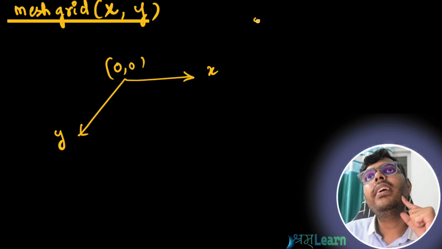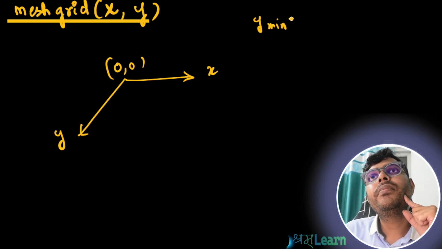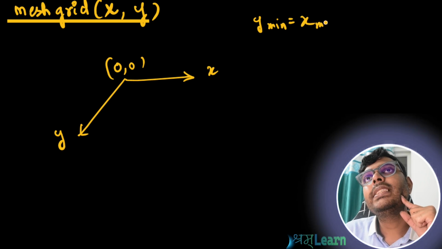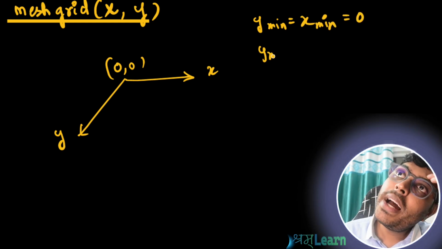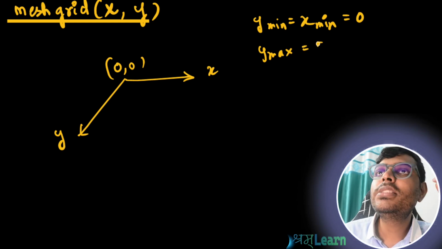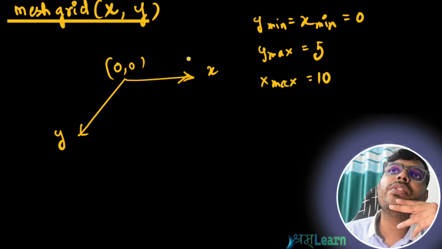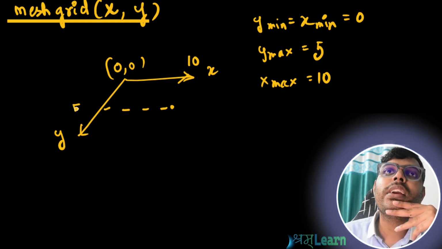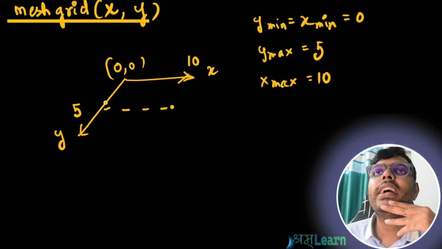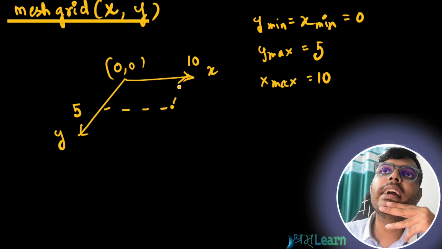So y minimum is equal to x minimum, which equals 0. Y max is equal to 5 and x max is equal to 10. So we are here at the maximum points, right? We can go at max 5 along y and 10 along x.